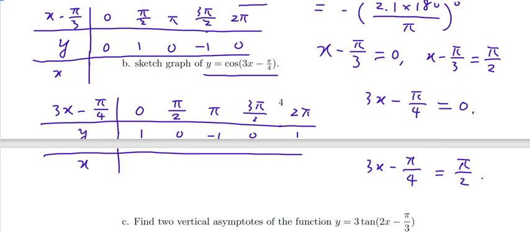Once we have the first x, the others increase by the same constant, so we can quickly determine them. So let's do this. 3x minus pi over 4 equals 0, we find x equals pi over 12, right?